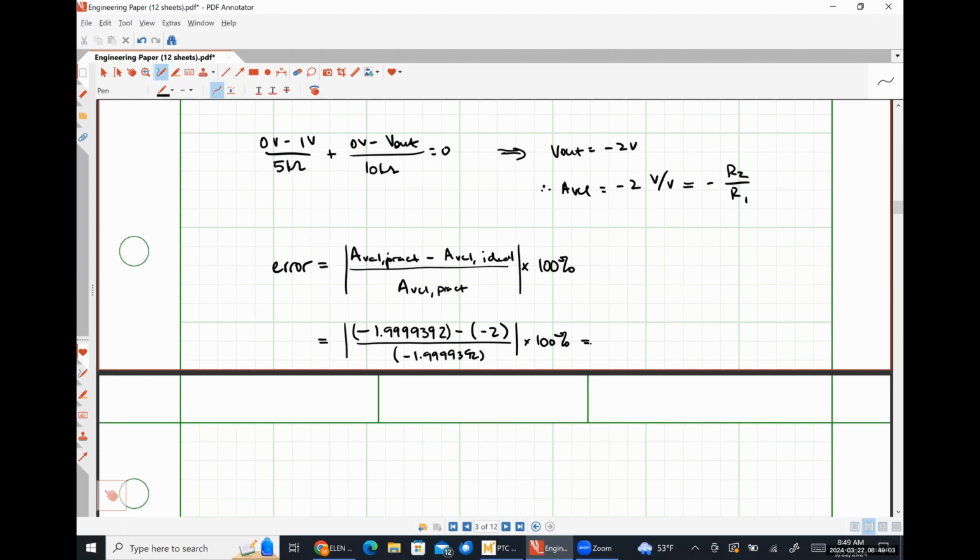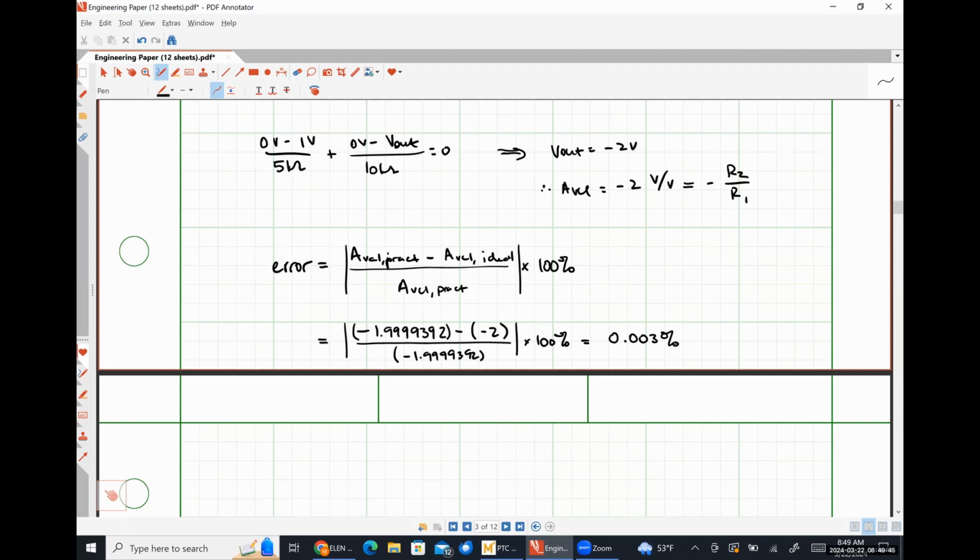So throwing that in my calculator, I got 0.003% error. So 0.003 of a percent error by using the ideal op-amp model.